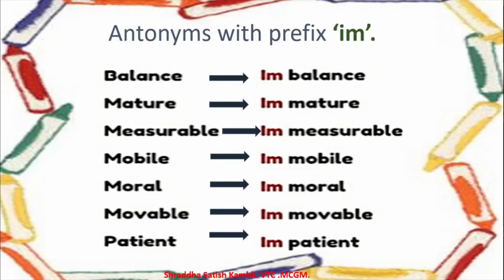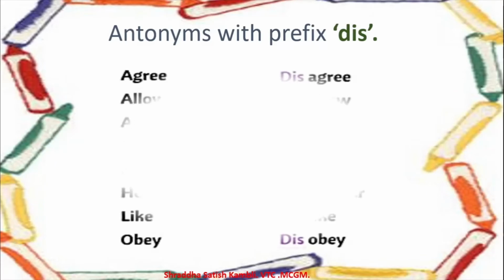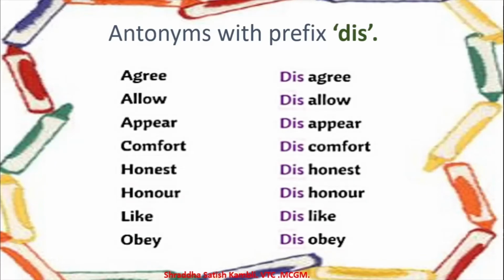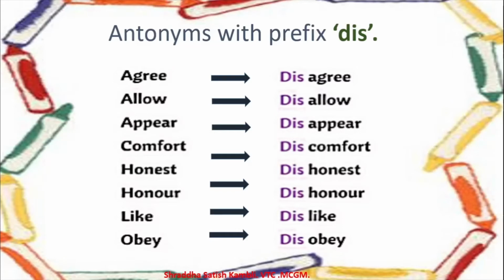Moving on, let us look at some antonyms with the prefix dis. So you have agree, disagree, allow, disallow, appear, disappear, comfort, discomfort, honest, dishonest, honor, dishonor, like, dislike, obey, disobey.